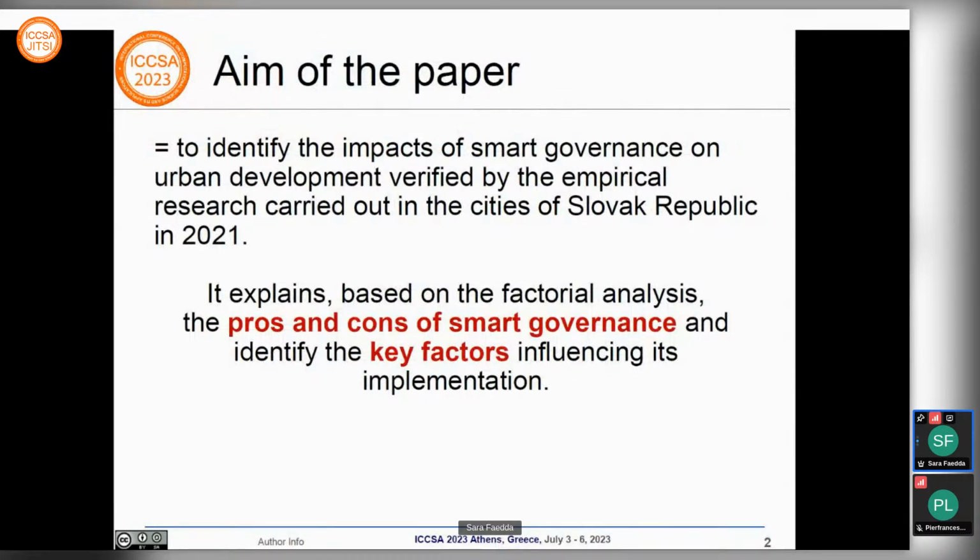So we try to investigate in our paper the level of implementation of smart governance in these cities. From the municipalities, we have 141 cities. The municipalities have to fulfil some criteria to be a city in Slovakia. It is given by law.